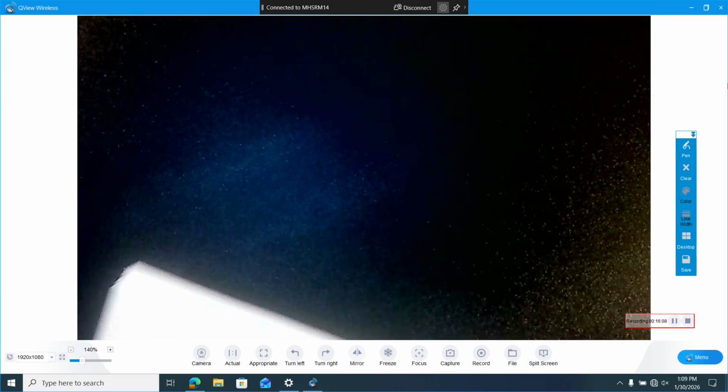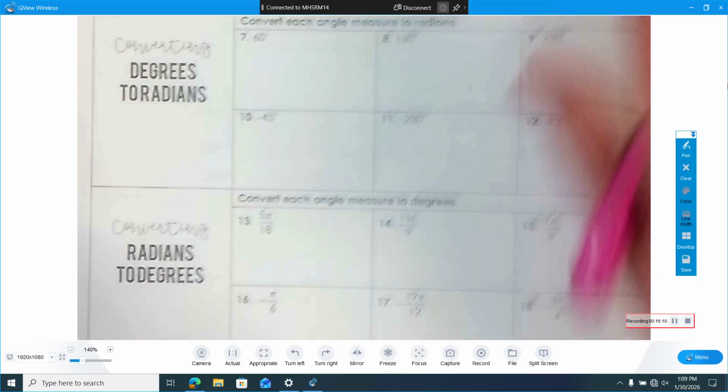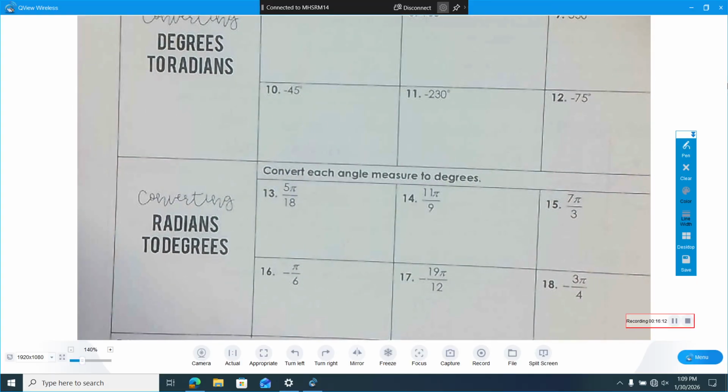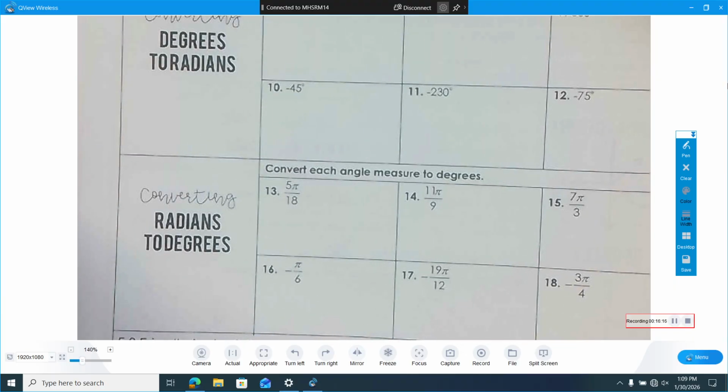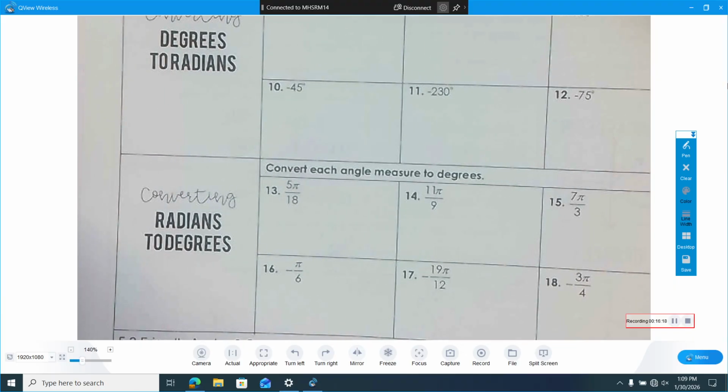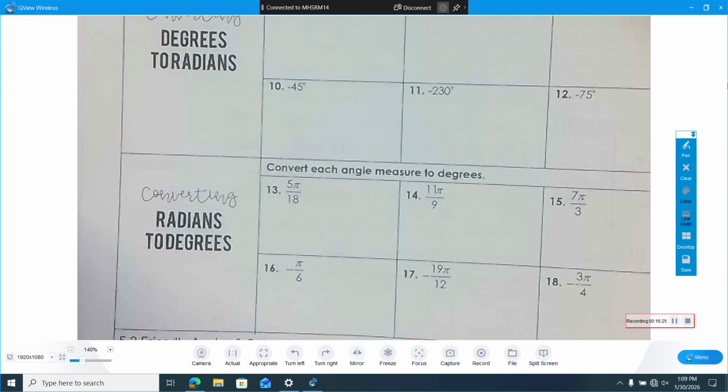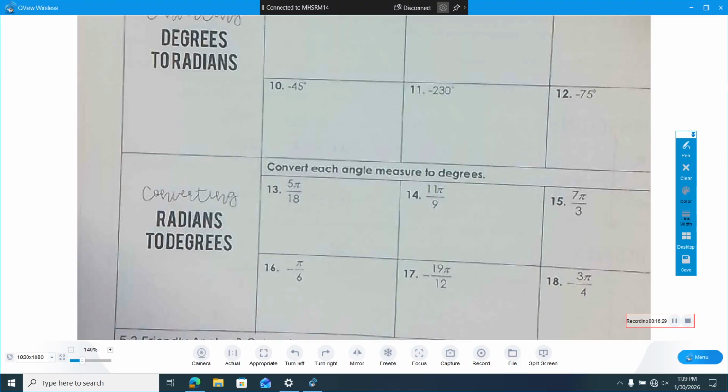Turn the page. So we're going to use this little knowledge that 360 degrees is 2 pi radians, or more simply, 180 degrees is pi radians. So I'm going to do this a lot. I'm going to say, where's pi?